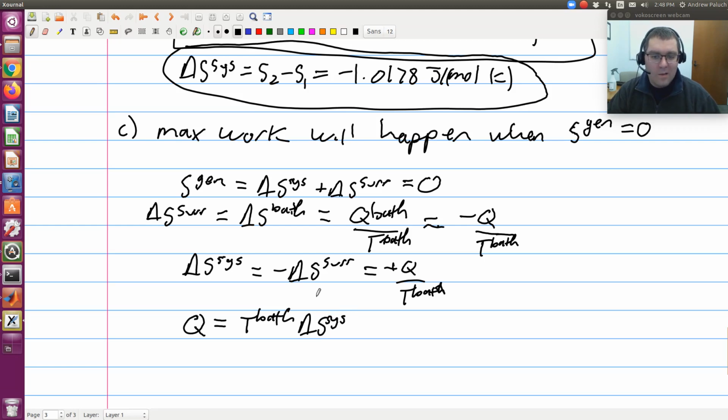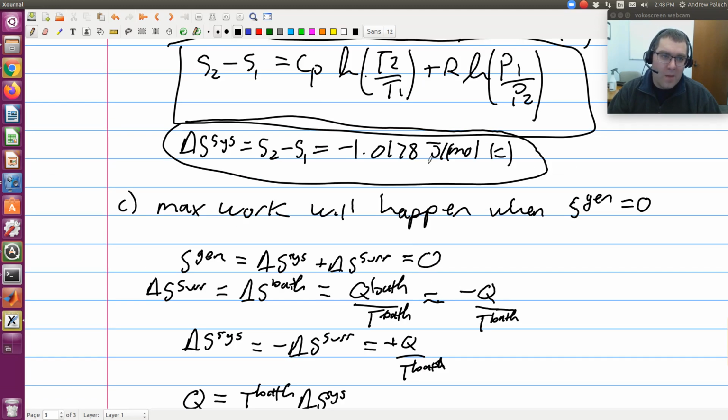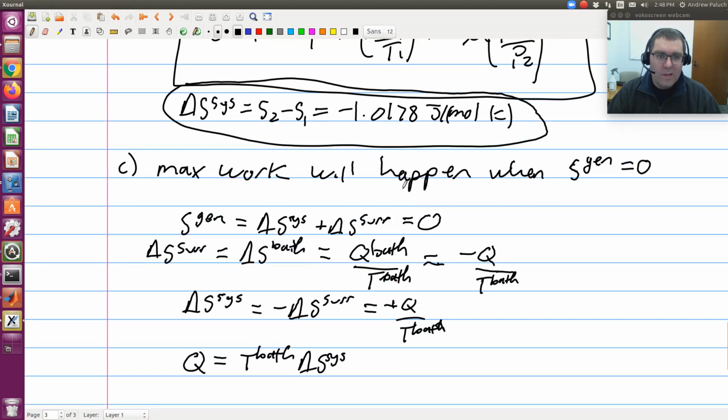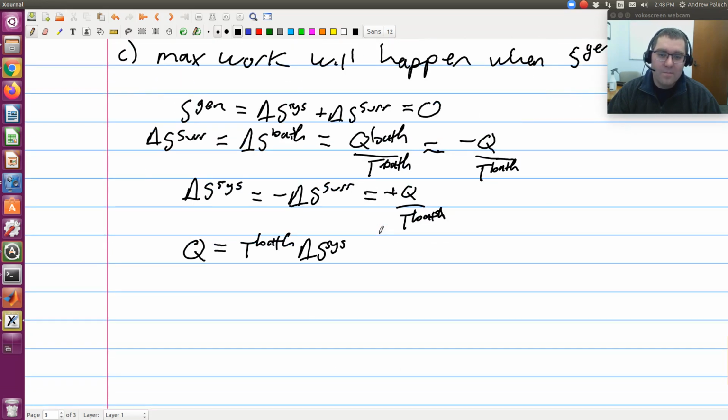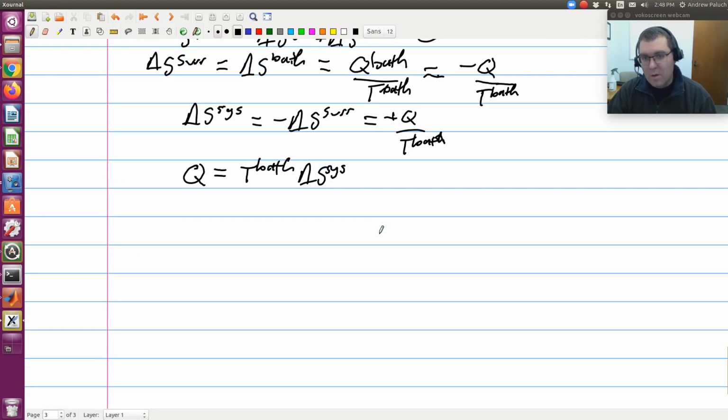And again, delta S of my system is unchanged from this value because the conditions of our inlet and outlet streams are the same. Entropy is a state function, so it's only dependent on the conditions of my outlet and inlet. So we can calculate Q.